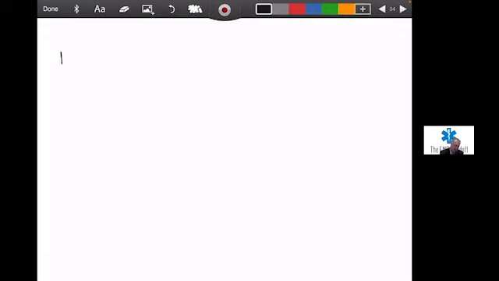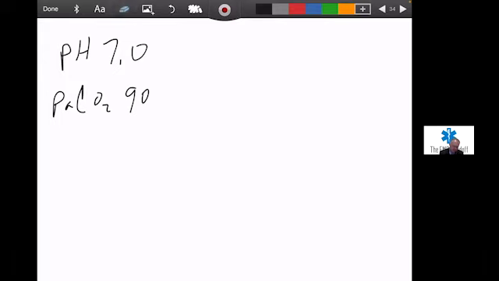So his ABG shows a pH of 7.0, a PaO2 of 90 millimeters of mercury.